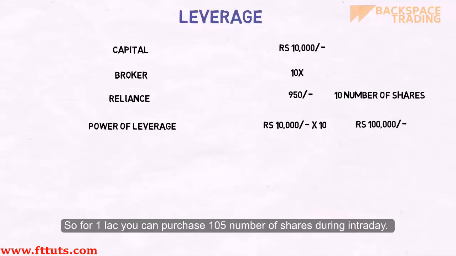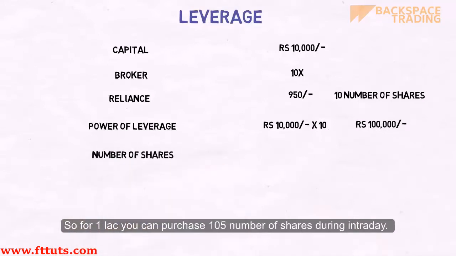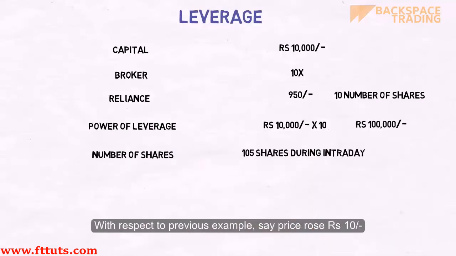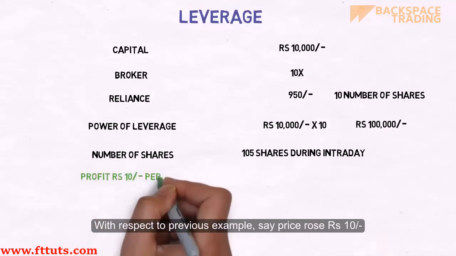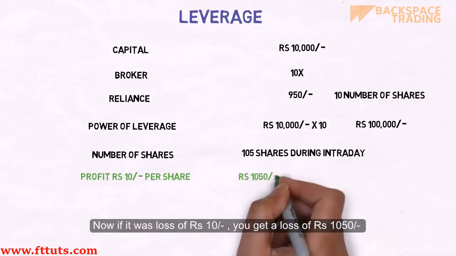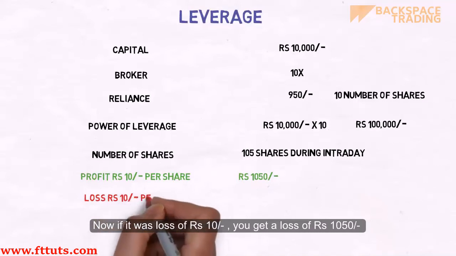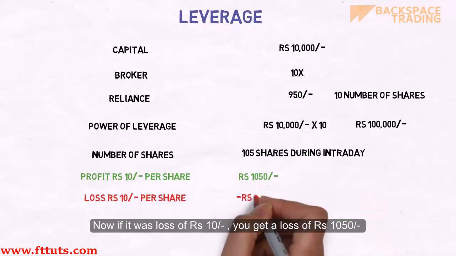So for 1 lakh rupees, you can purchase 105 shares during intraday. So with respect to the previous example, say price rose to rupees 960 and you get a profit of 10 per share. So your total profit would be 1050. Now if it was a loss of 10 rupees, you get a loss of 1050.